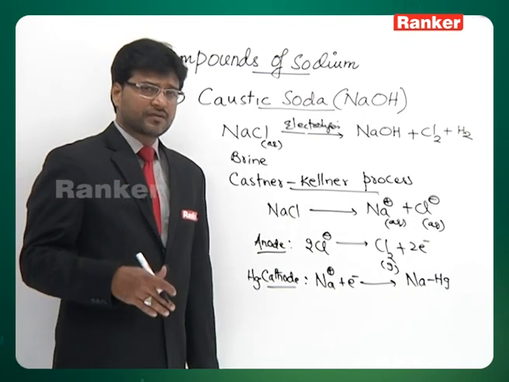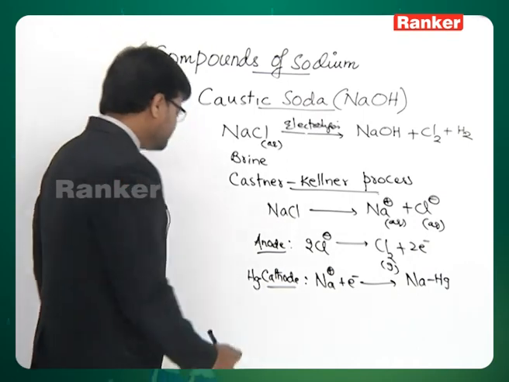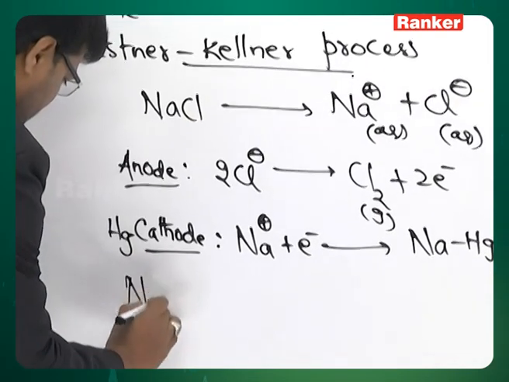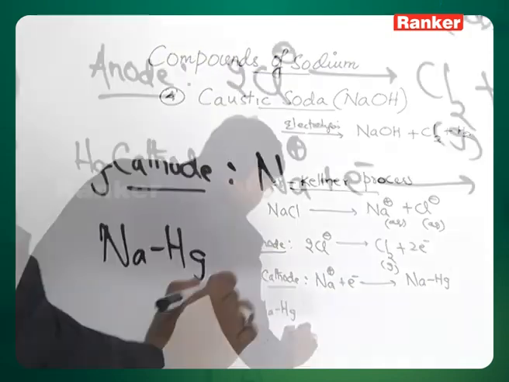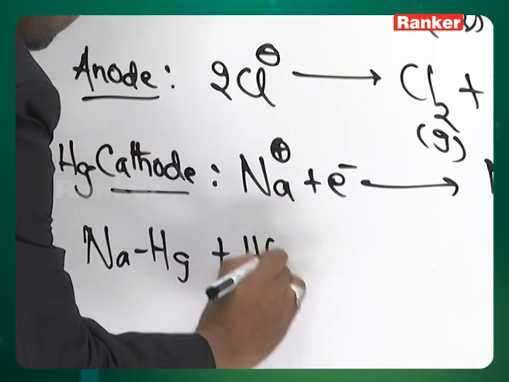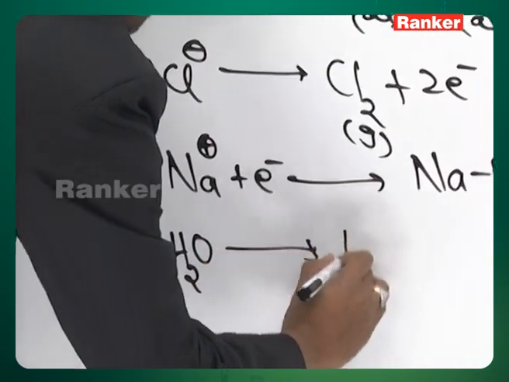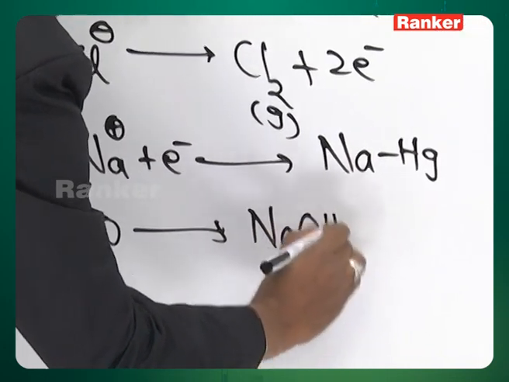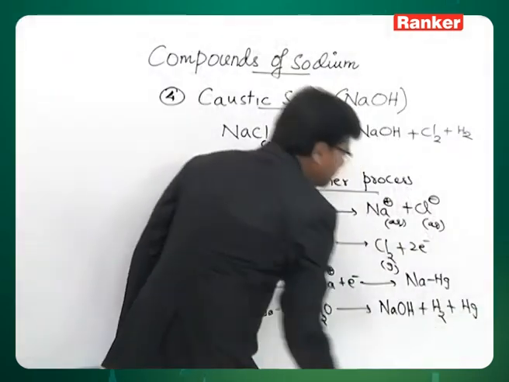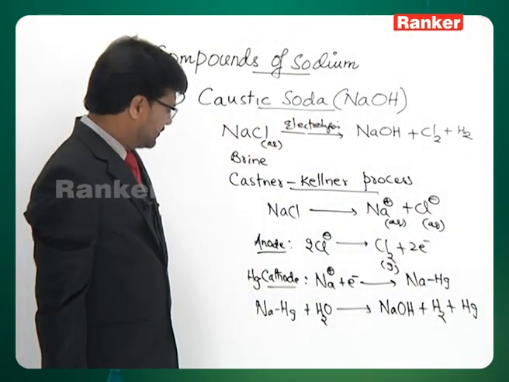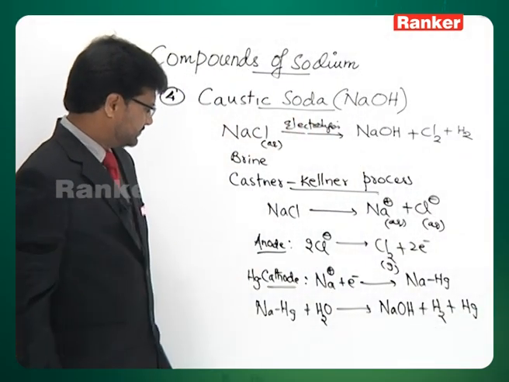Now, the last step: sodium amalgam slowly reacts with water. It produces sodium hydroxide, hydrogen gas, and mercury is regenerated. This is how the reaction takes place.